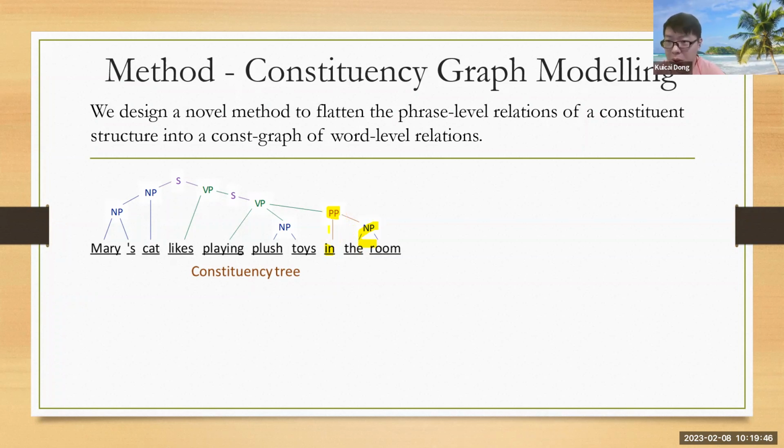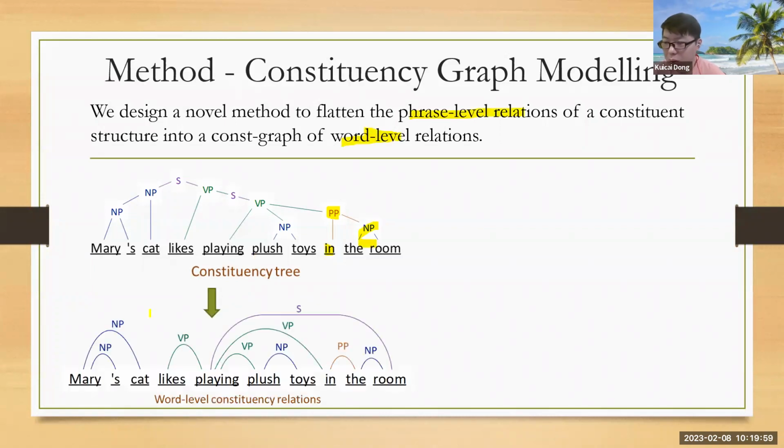We need a special converting strategy, so we designed a novel method to flatten this phrase-level relation into a word-level relation. Based on our strategy, we converted the phrase-level tree into a word-level one, so we can see all the links directly between the tokens in this sentence. This can be directly converted into a word-level graph like this.